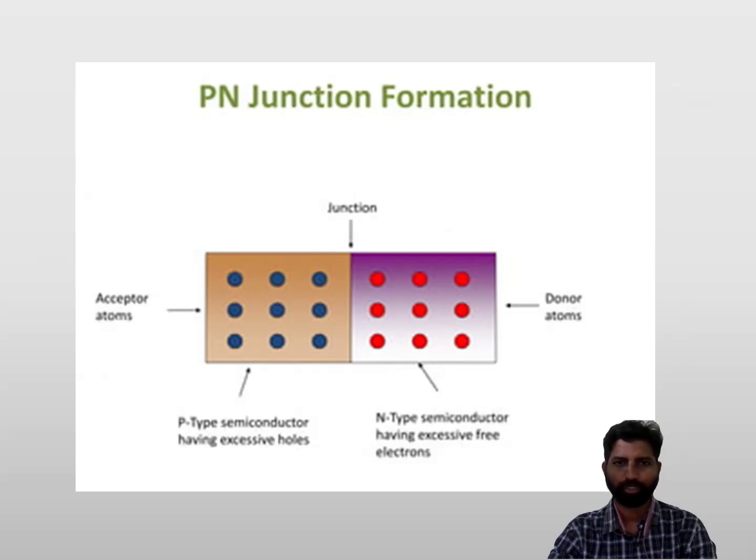When these two semiconductor materials are placed next to each other, the exact middle point where they are attached is considered the junction. Some type of operation occurs at the junction. Let's see how the junction works. What is the junction? What happens in the junction between the acceptor semiconductor and the donor semiconductor?